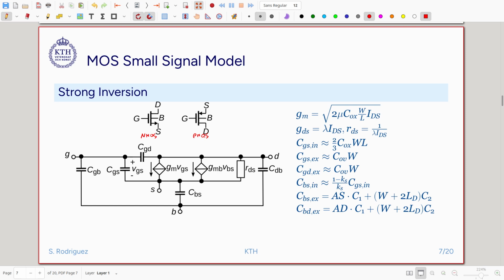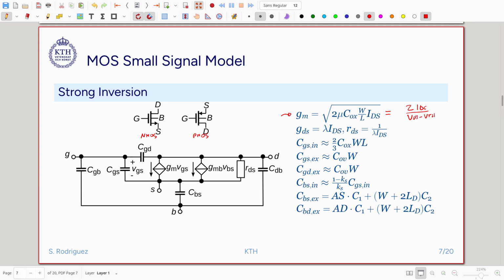So when we differentiate the curves of IDS versus VGS, we can extract the transconductance. It takes this value when we differentiate that equation in the saturation region, and this is also equal to IDS divided by VGS minus VTH.